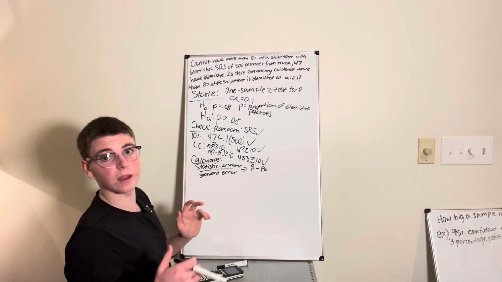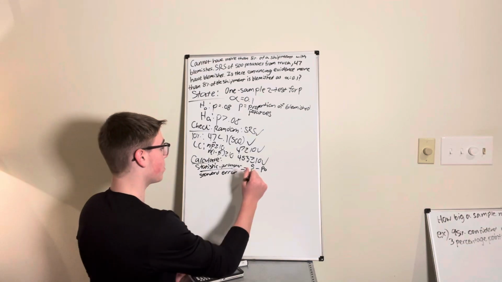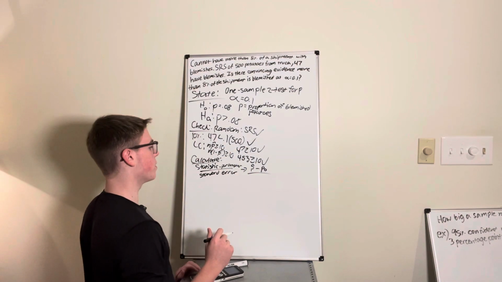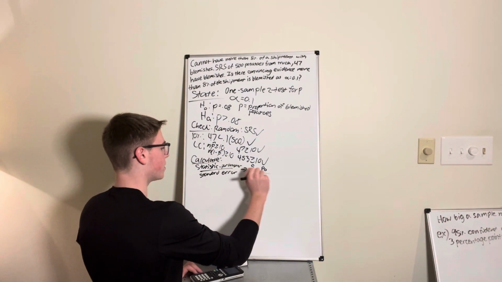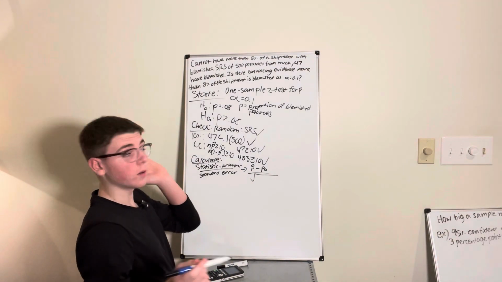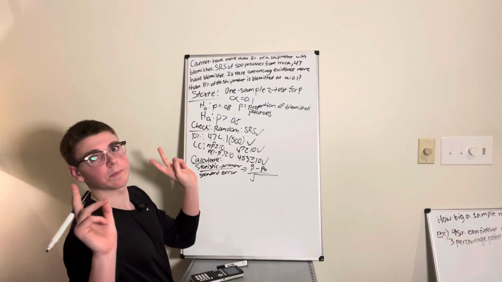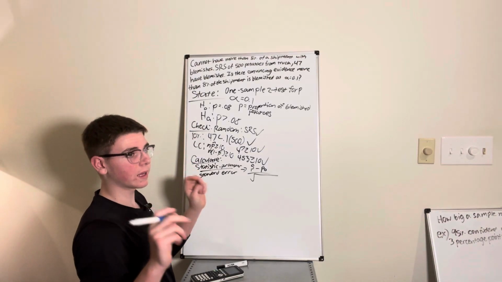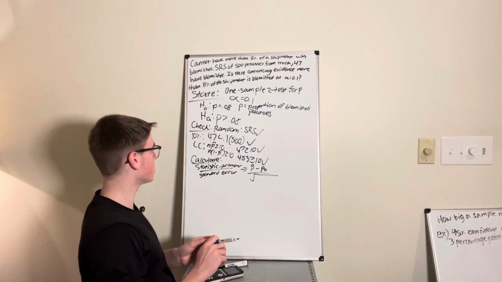Is it different than what we expected? Okay, so I'm going to put p-naught, and then over standard error, which here we don't use p-hat, we actually use p-naught because we're given it, it's really p right now. This is the population proportion, so we should just use it.